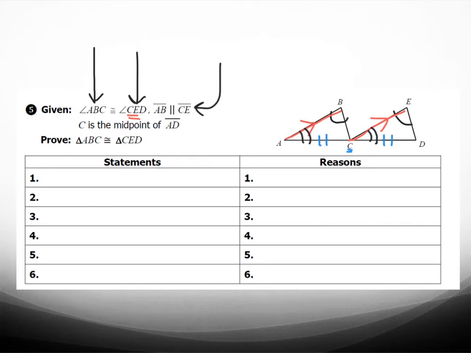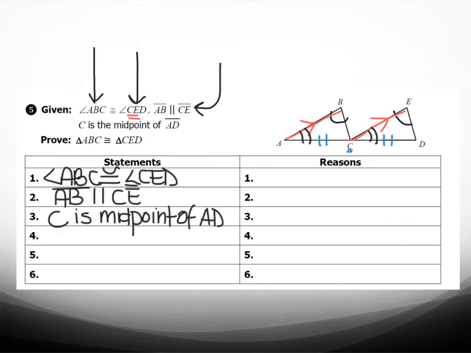So now let's write in the given information. All right, let's see what we have. Well, the first three pieces of information are all in our given statement. So we don't have a definition or postulate for it. What do we know? It was given. So let's see where we go from here. Well, we know that AC is congruent to CD.